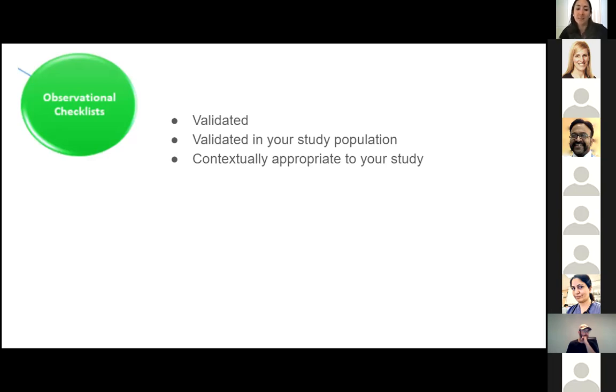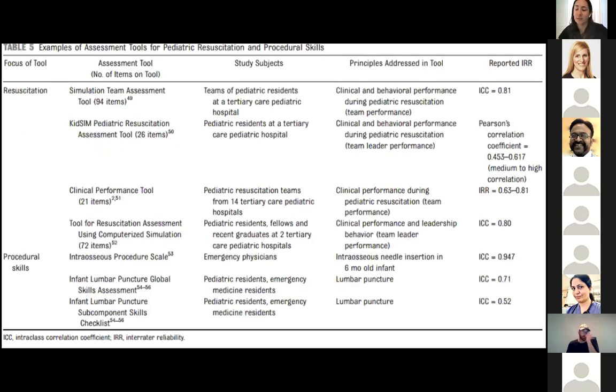And the reason that that's important, it goes back to the question that was raised before about inter-rater reliability. So the inter-rater reliability is asking, if you have two different people look at the exact same video or performance, how are they going to score it? And is it reliable? Is it similar between them? Because if two people are scoring the same thing very differently, it's not a very valid checklist.